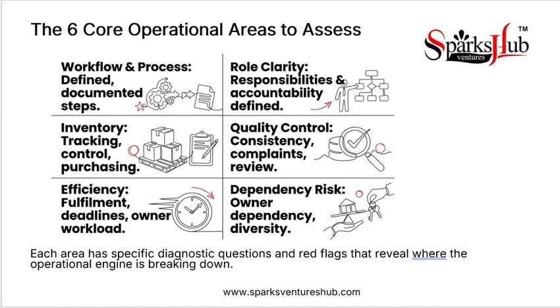Then the sixth pillar is dependency risk. Ask your SME client, can the business function without the owner? Are key suppliers diversified? Red flags to look out for include the owner being a bottleneck or a single supplier dependency.